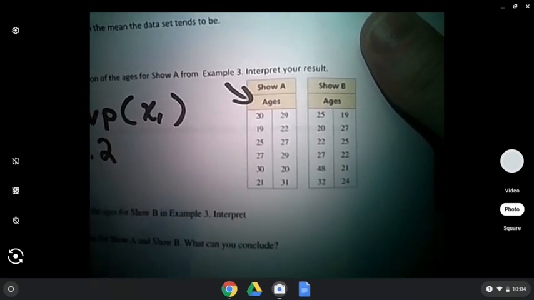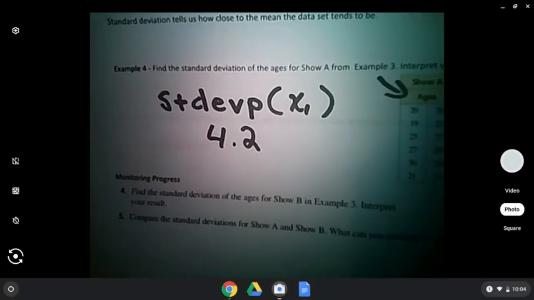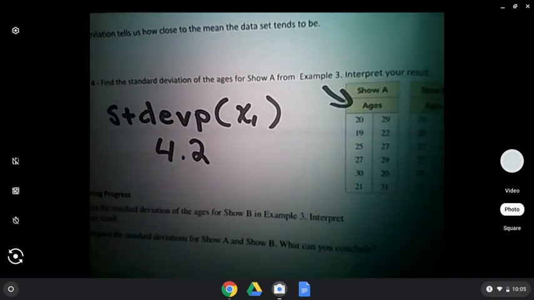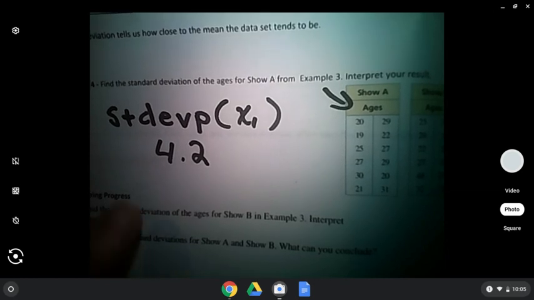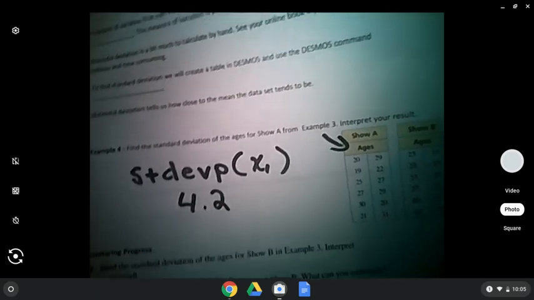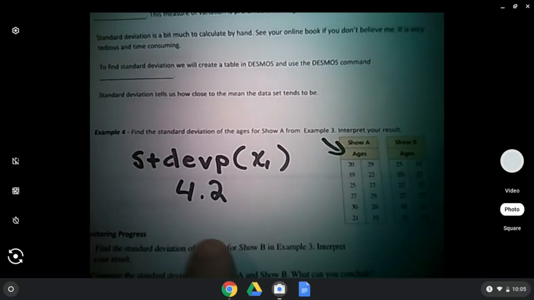So the average person isn't that far apart. The average person is about 4.2 years from the mean, meaning that middle number that we said for the mean, add it all up and divide. If I picked out anybody, they're probably about 4.2 years or less from that mean. That is what standard deviation means. It is the average number's distance from the mean.